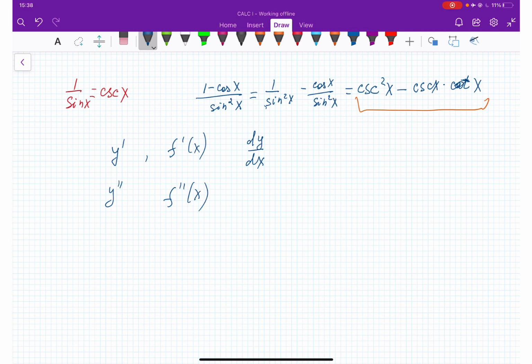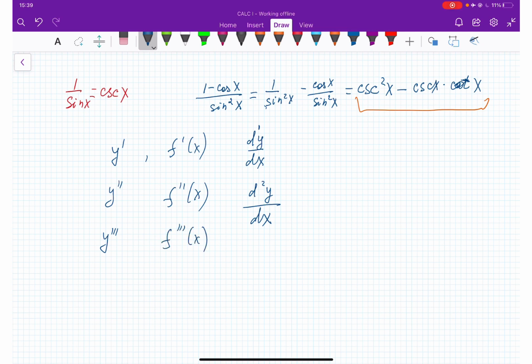And here, since in dy the d is degree 1, now I have to put d degree 2, y over dx squared. Next, the third derivative, 3 primes, f third degree.